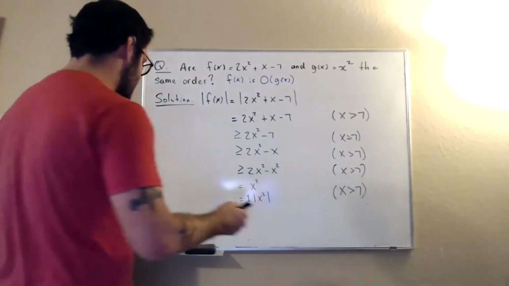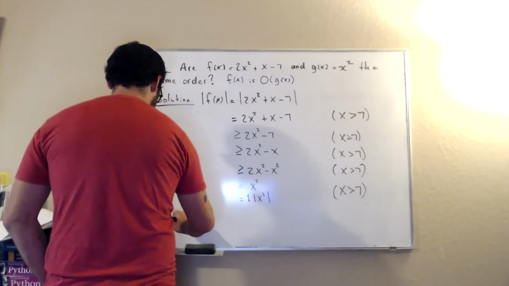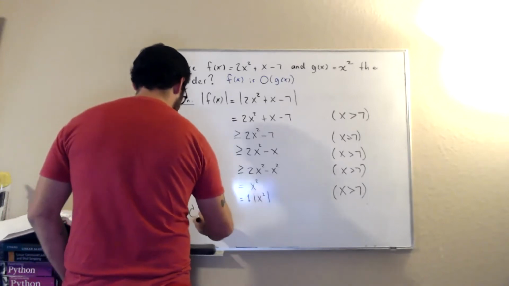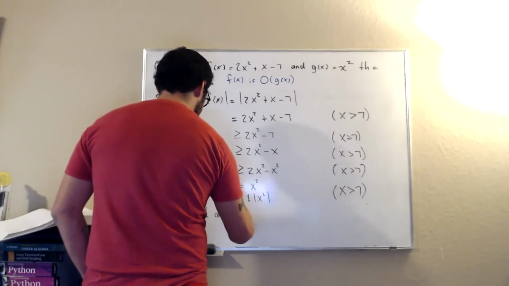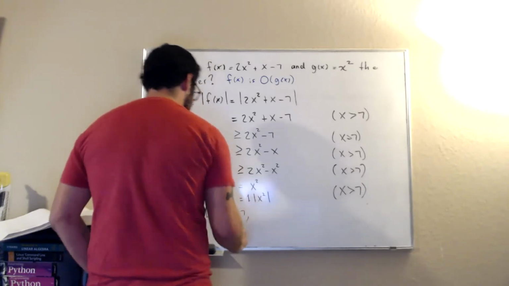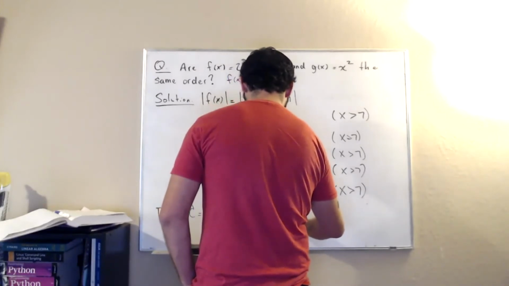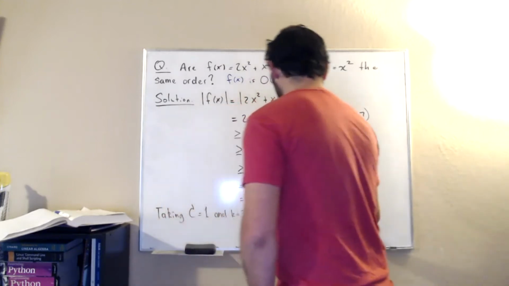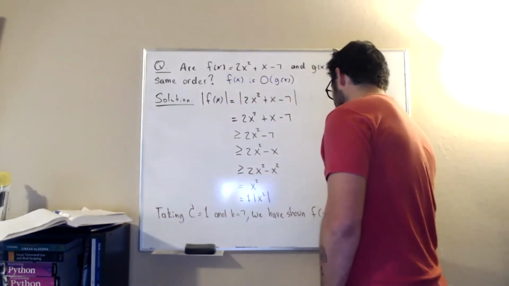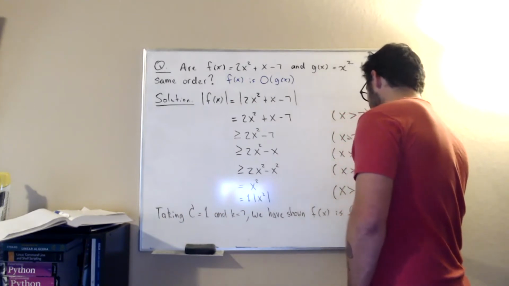So if we take c equal to 1 and k equal to 7, we have shown f of x is big omega of g of x.